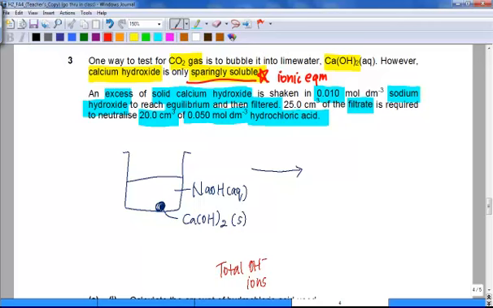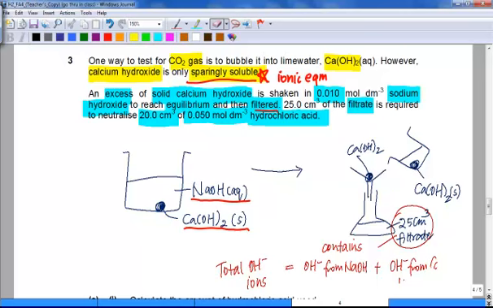Over here, we have a beaker containing sodium hydroxide and we dissolve some calcium hydroxide solid in it. Then after that, the question mentioned it is filtered. So you filter it first.